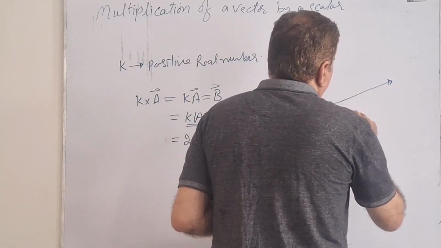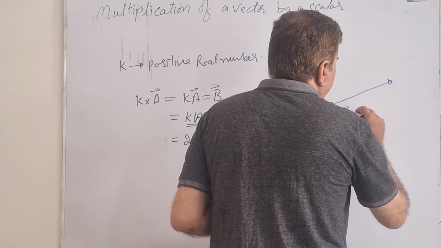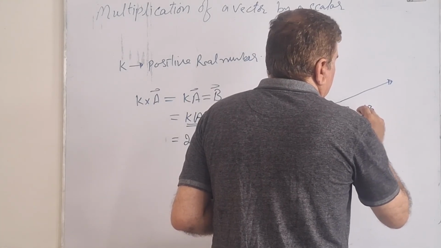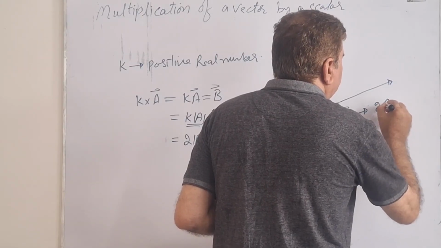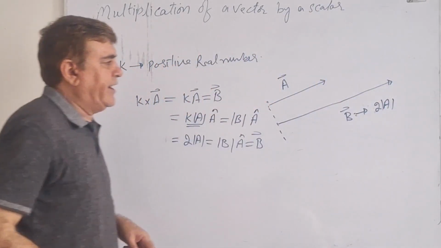So B is a vector whose magnitude is equal to twice the magnitude of A. So B is that vector.